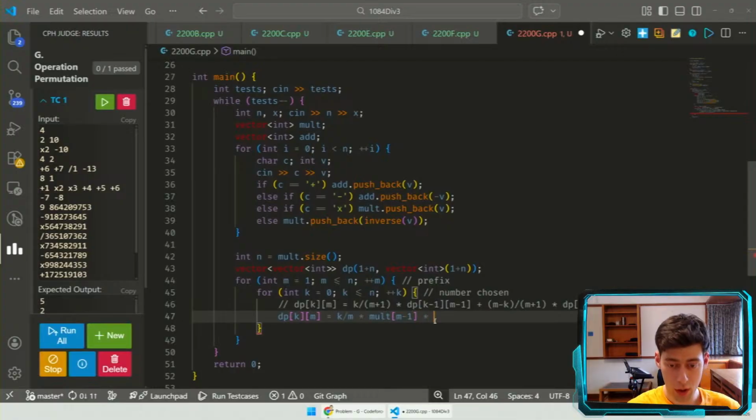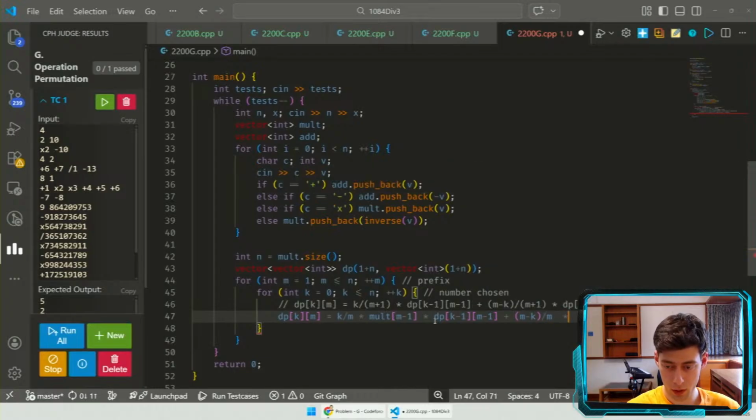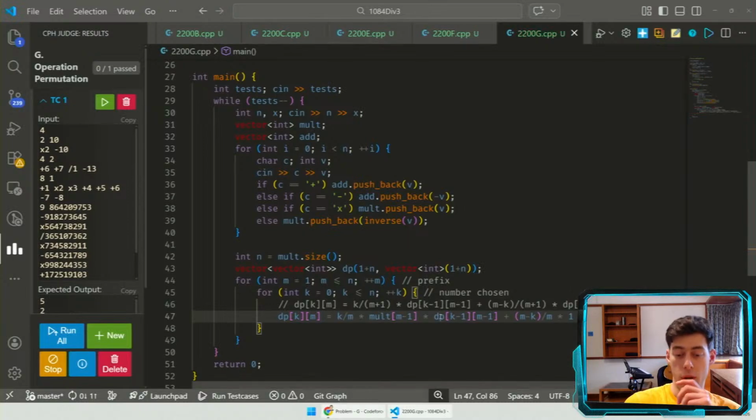That's the coefficient. Times dp[k-1][m-1], plus m minus k over m times 1 times dp[k][m-1]. And so here, as a sanity check where we failed on the previous one, if k is 0, this is 0, and this is just 1 times the previous one. So that makes sense.